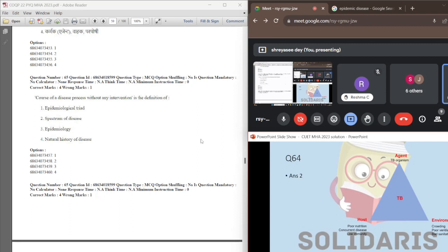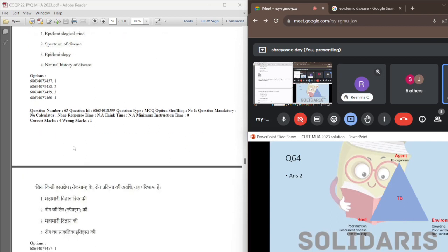Like it affects adults, it affects kids more, or it affects all people equally, or people with comorbidity more. Natural history of disease is when there is no interruption by treatment. Exactly what they are telling here, without any intervention, is the definition of natural history of disease.